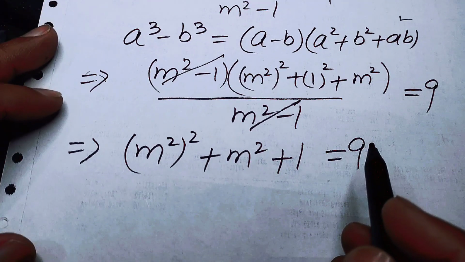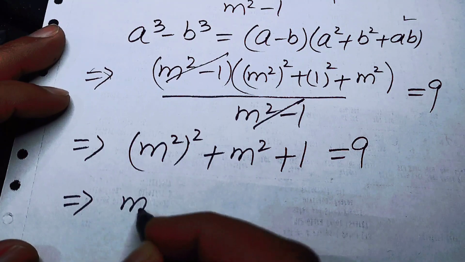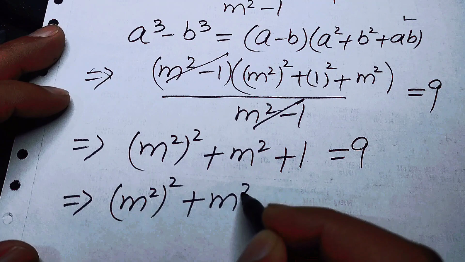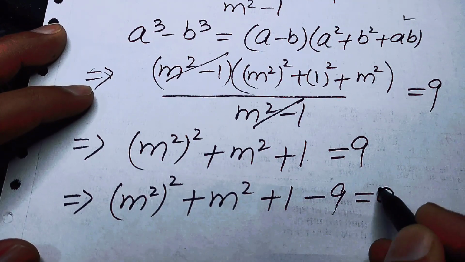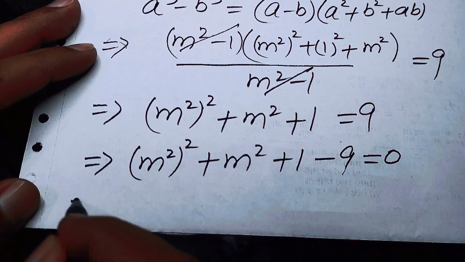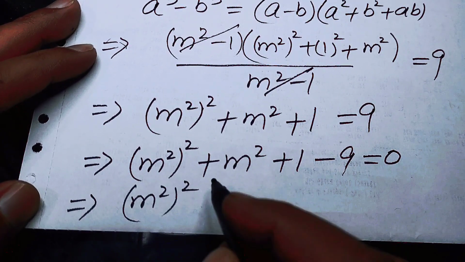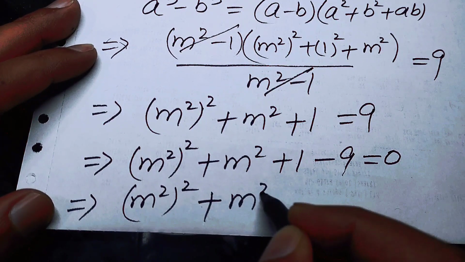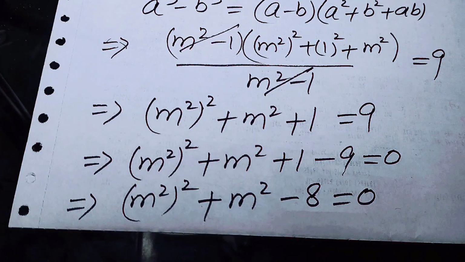Now we take 9 to the left hand side, and it becomes (m square) whole square plus m square plus 1 minus 9 is equal to 0, so the remaining terms are (m square) whole square plus m square minus 8 is equal to 0.